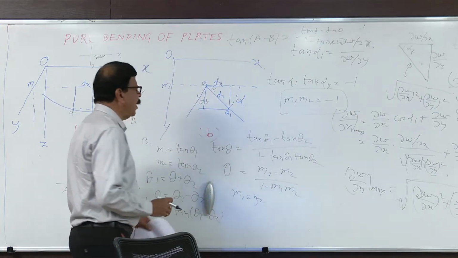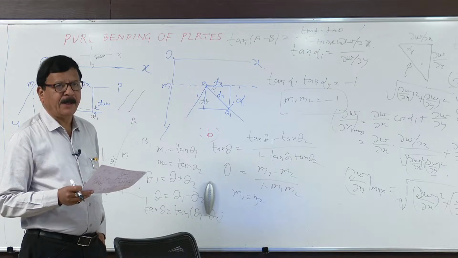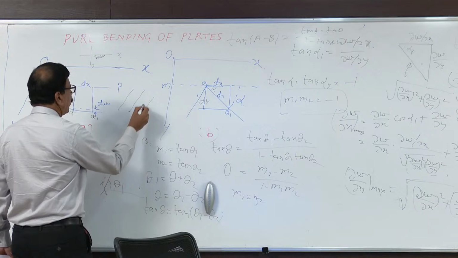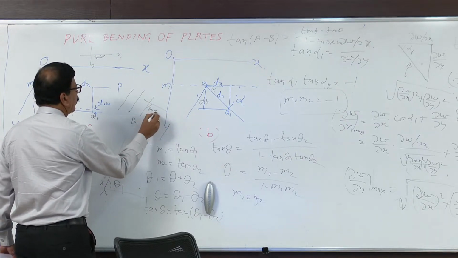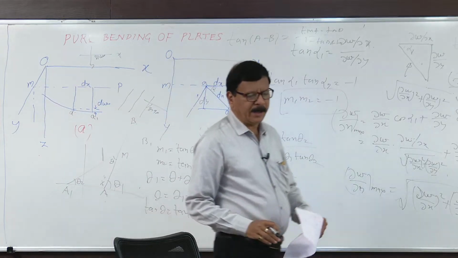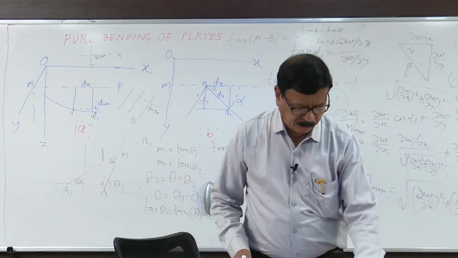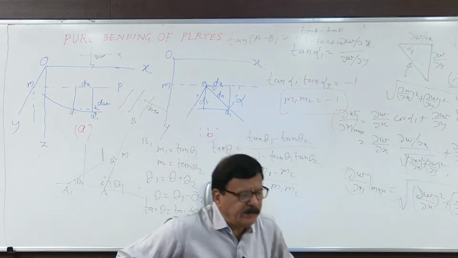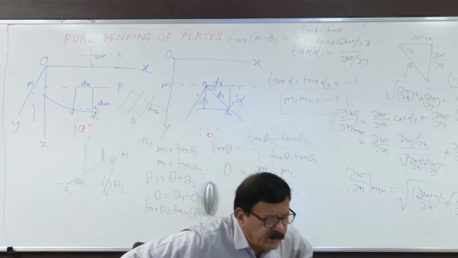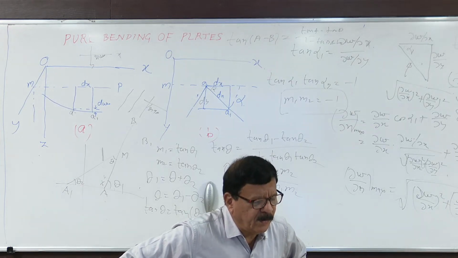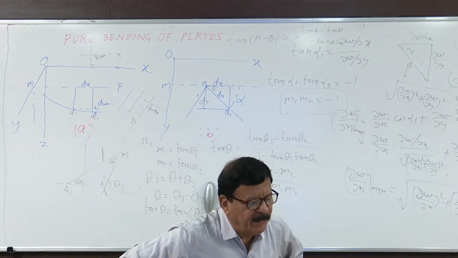And if the two lines are perpendicular to each other, then theta is 90. Yes, if the two lines are perpendicular, theta is equal to 90. So tan 90 is 1? What will you get? No. Tan theta is infinity, I think.